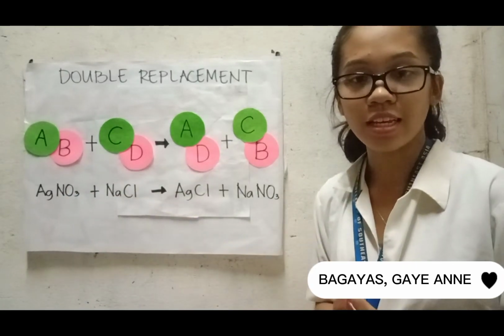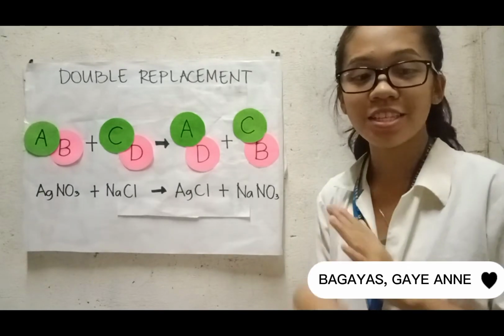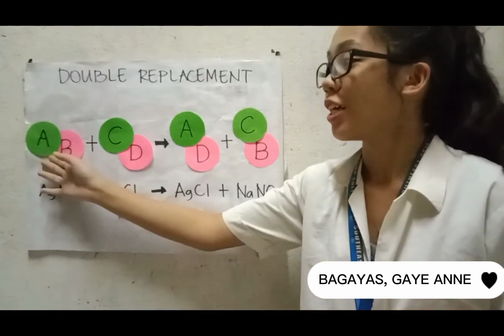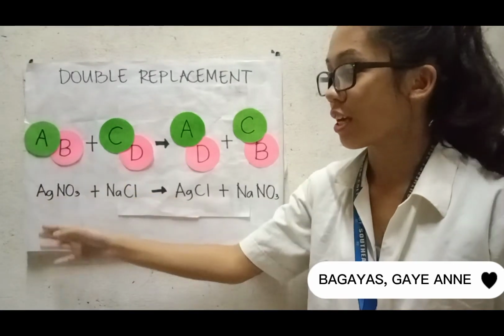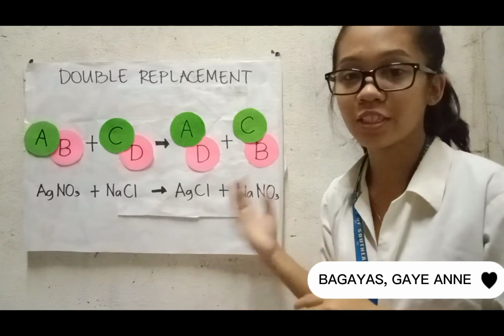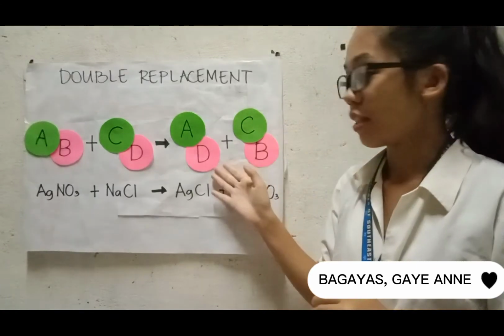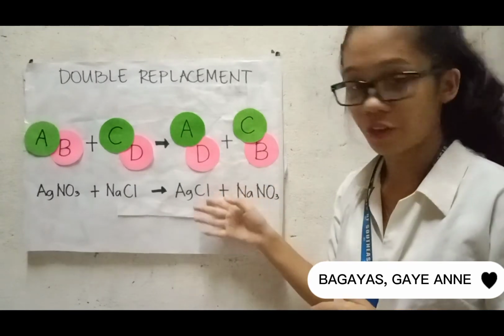As you can see, the positive and the negative just switch places. The positive ion here, A, which is the silver, finds itself a new partner with the negative ion, the anion D, which is the chlorine.